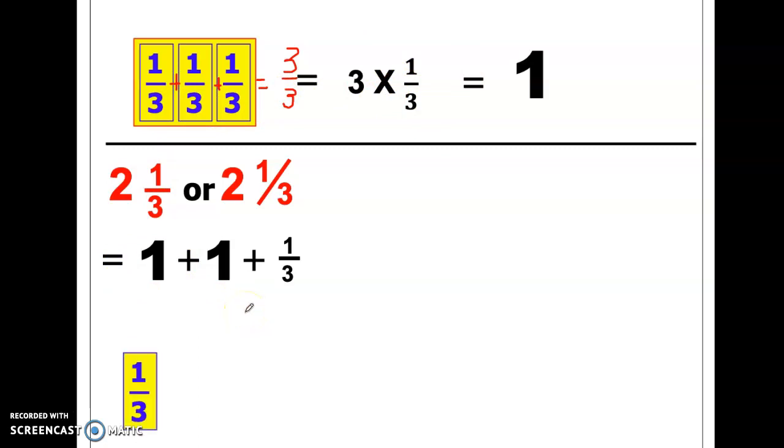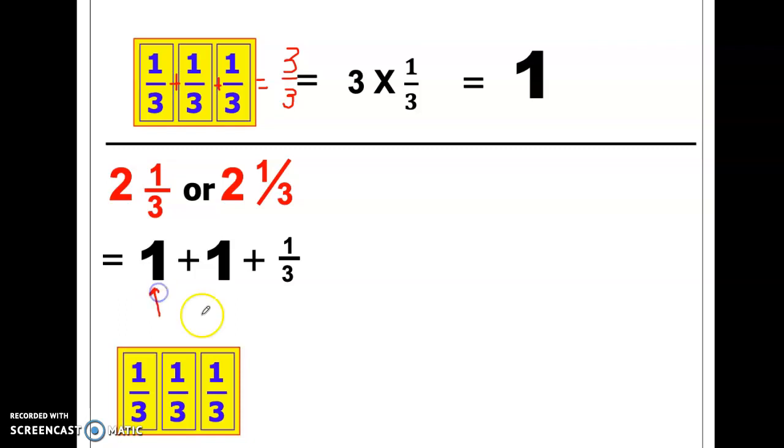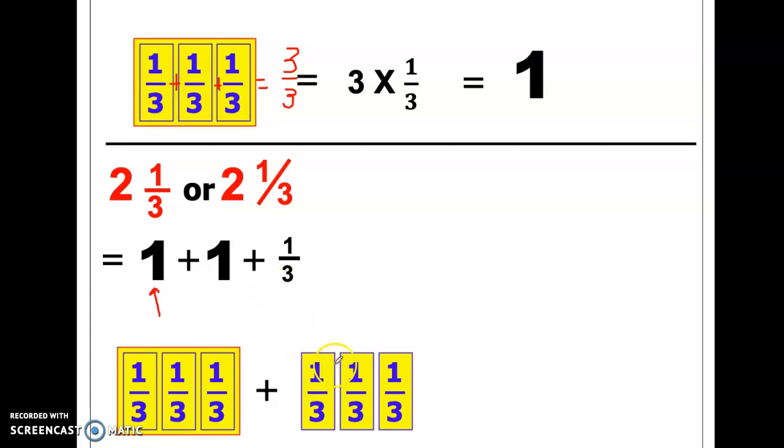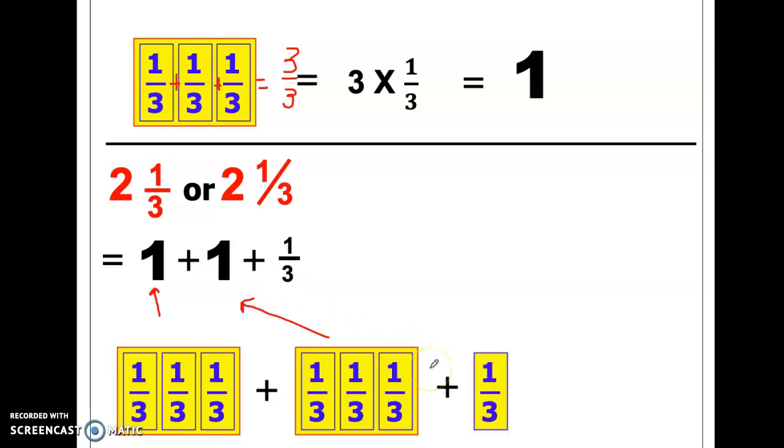So then we got 1/3 plus 1/3 plus 1/3, and that would give us 1. But then we have it plus another 1, so we have to add another 1/3 plus 1/3 plus 1/3, and then our last one would be the 1/3 we have over here.